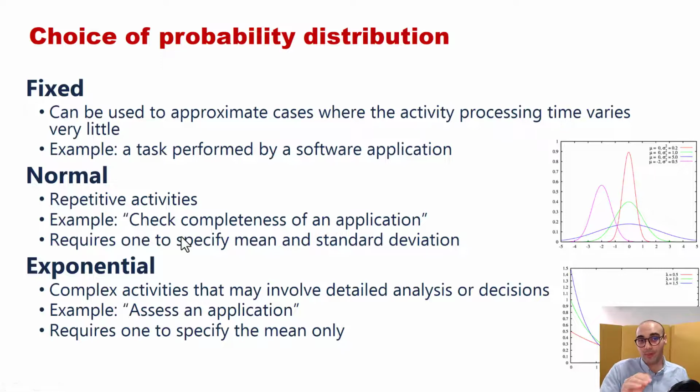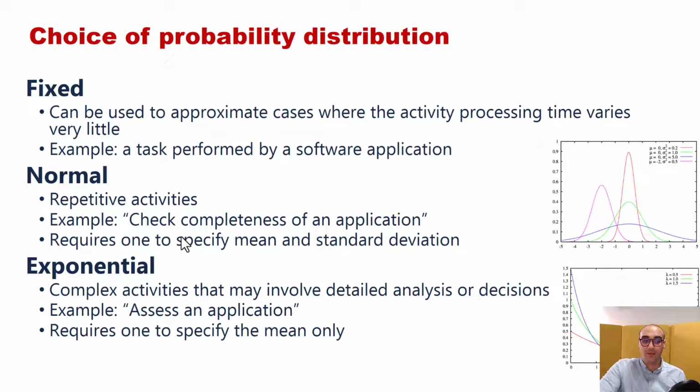You have a specific to-do list that you need to do, and after that you can say that the application has already been checked. So this to-do list can be represented as a normal distribution. The normal distribution has a mean value and a standard deviation that represents how the duration deviates from the mean.